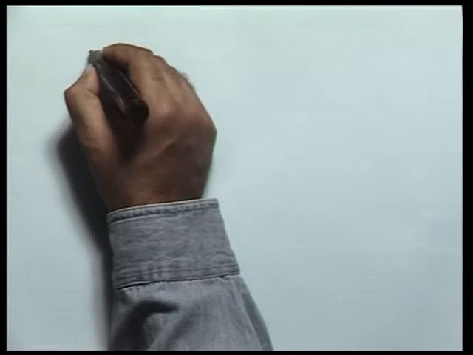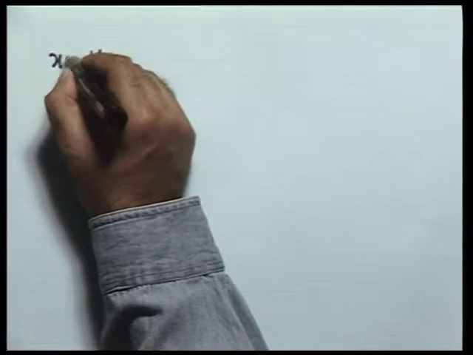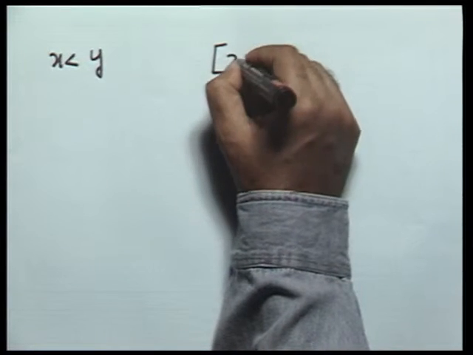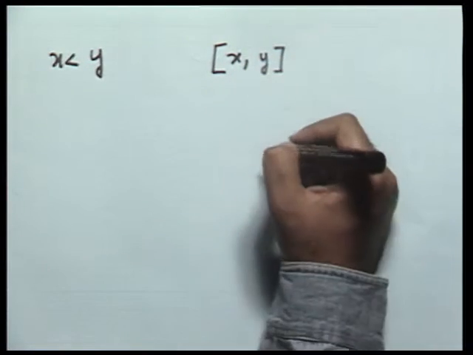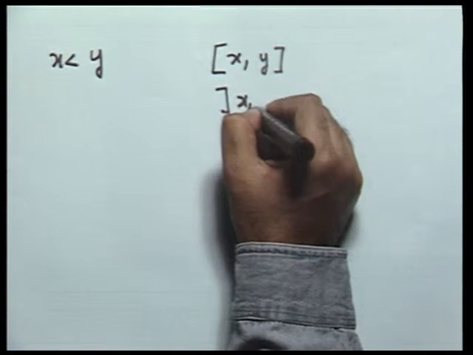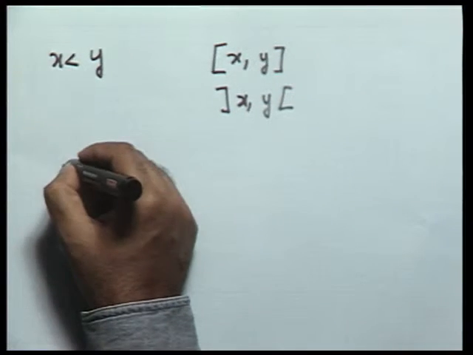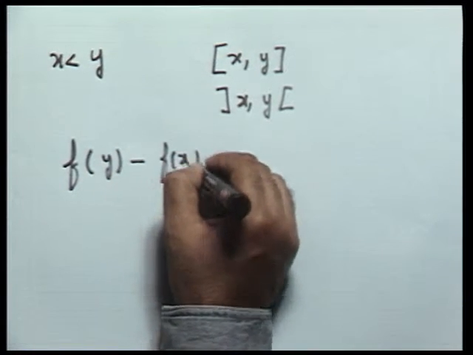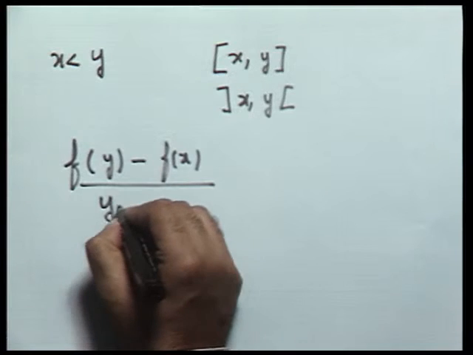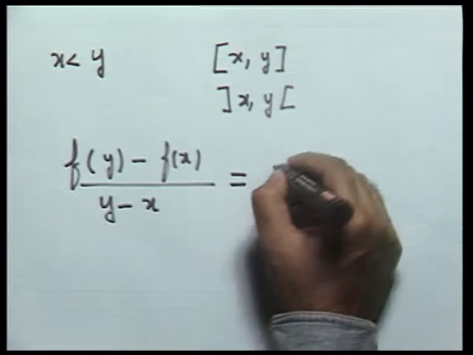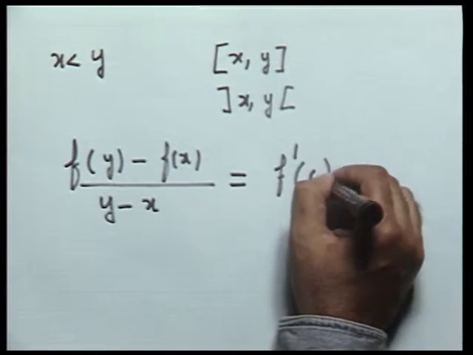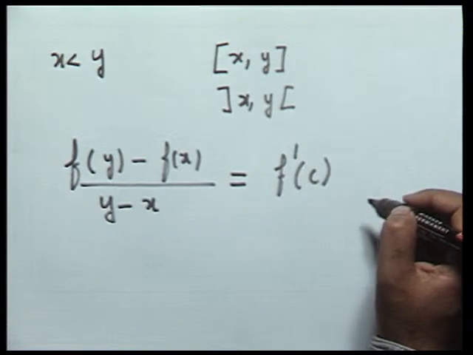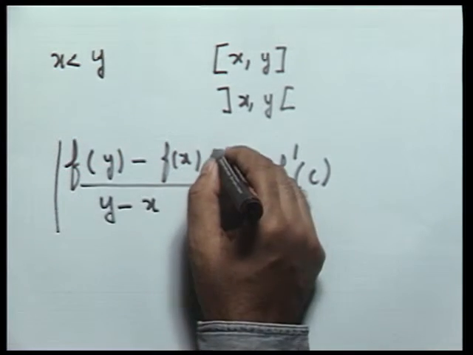Well, take any y and x with x less than y, then you can see, because the function is differentiable, it is continuous in the closed interval x y, differentiable in the open interval x y, and so by the mean value theorem, f of y minus f of x divided by y minus x will be equal to f prime c for some c in the open interval x y. Now, all you need to do is take the absolute value, both sides.